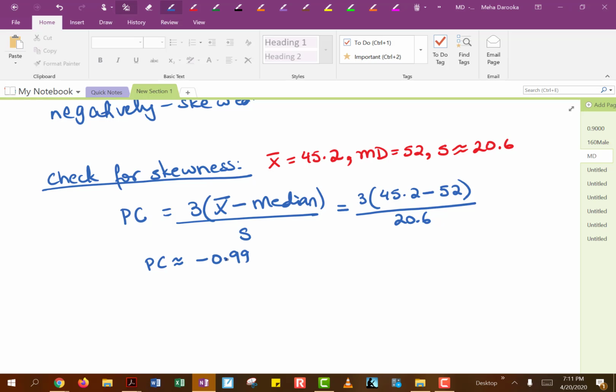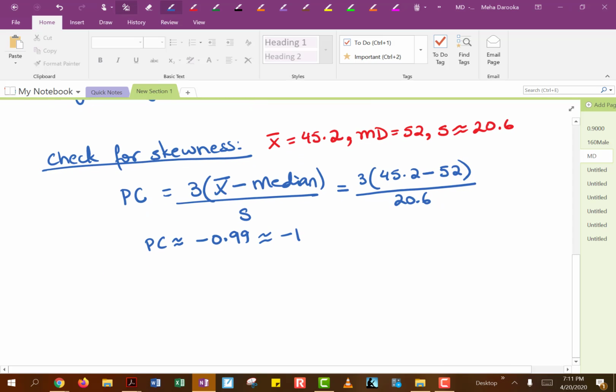Now this number, as you can see, is very close to -1, right? And remember what we said, if our Pearson coefficient index of skewness was greater than or equal to +1 or less than or equal to -1, then we would say that we had a significant skewness. Since this number is pretty close to -1, we can say that our distribution has a significant skewness towards the left.